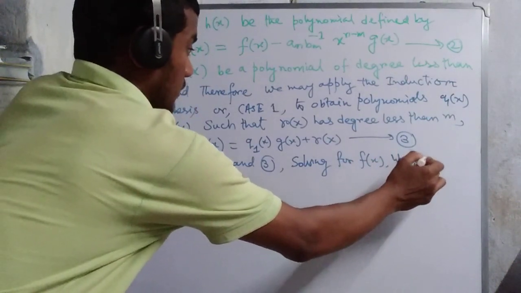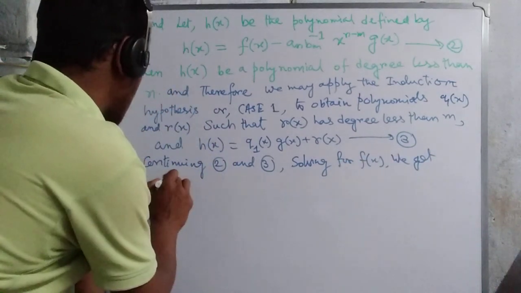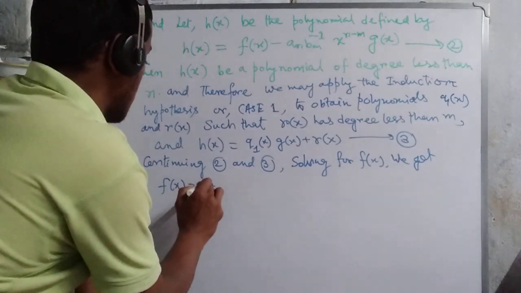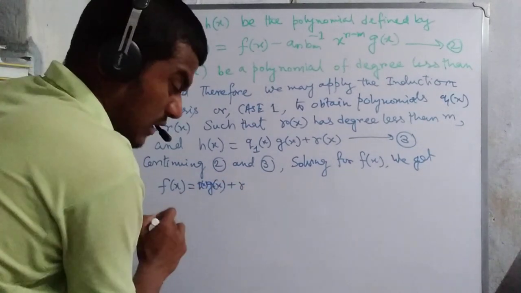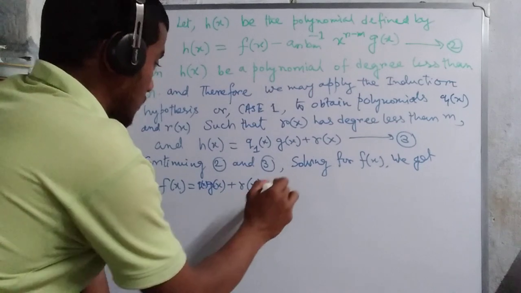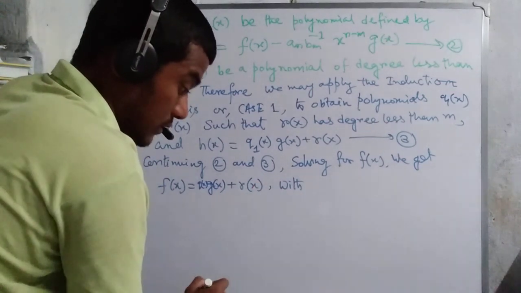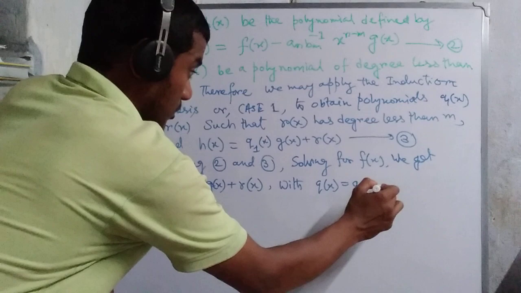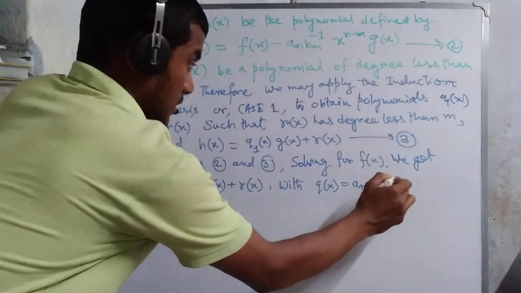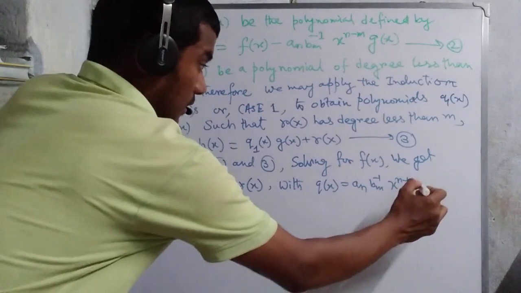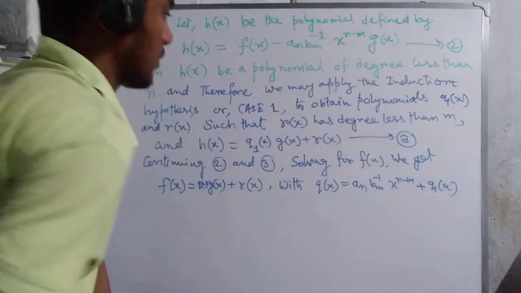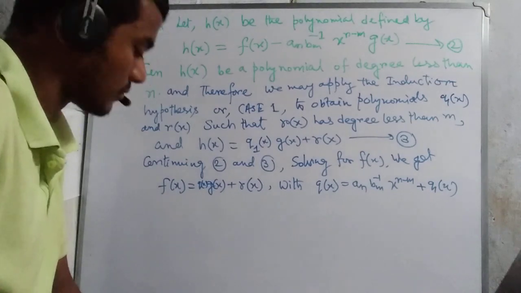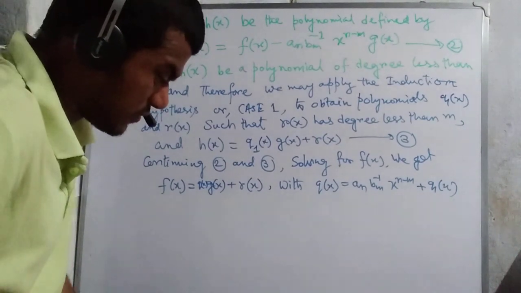we get f(x) equal to q(x) g(x) plus r(x), with q(x) equal to a_n b_m inverse x to the power n minus m plus q1(x).